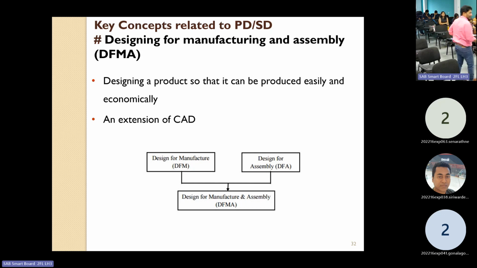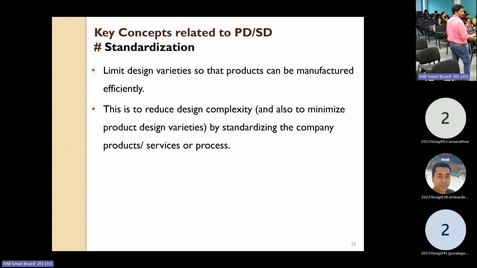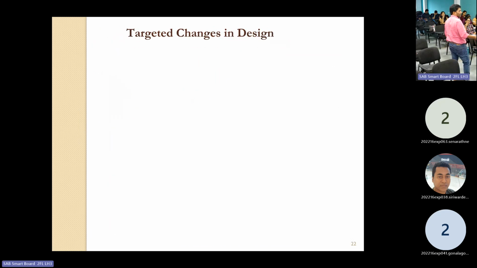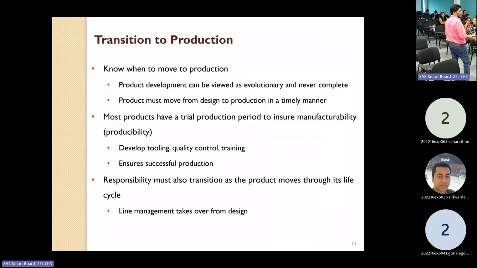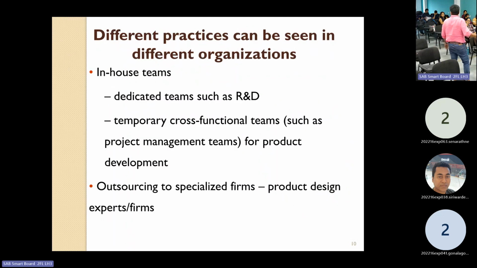Since we identified these different options available for a company to develop their products, one is their internal resources, internal departments, like dedicated R&D teams or temporary project management teams.